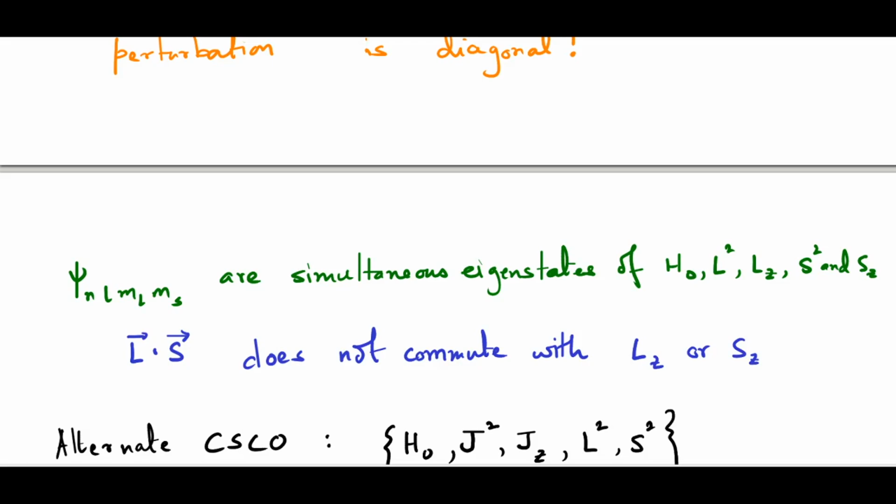This involves the notion of an alternative complete set of commuting observables. Just like H0, L square, Lz, S square and Sz were a complete set of commuting observables, so that you could label energy eigenfunctions uniquely by using the eigenvalues of each and every one of these, there is another complete set of commuting observables available here, and that happens to be H0, J square, Jz, L square and S square.